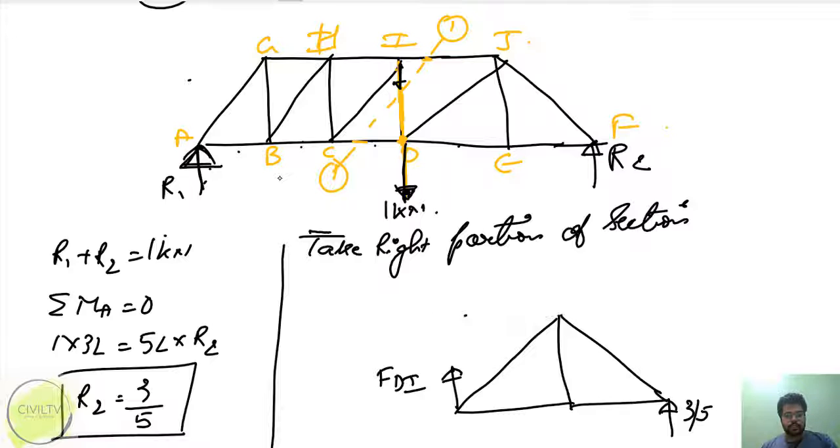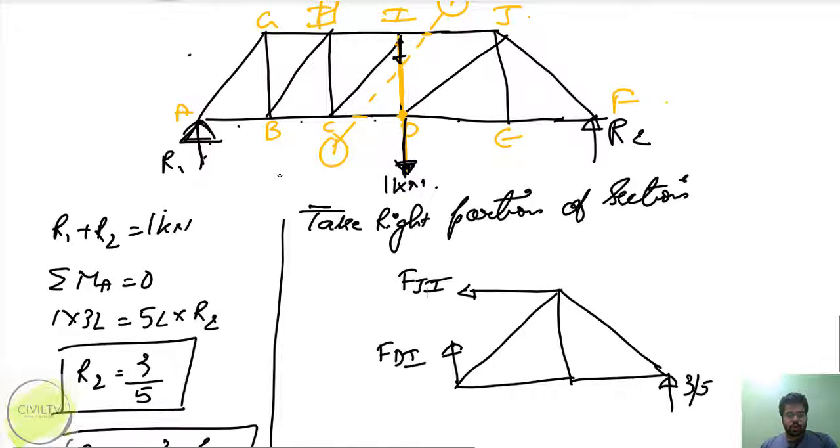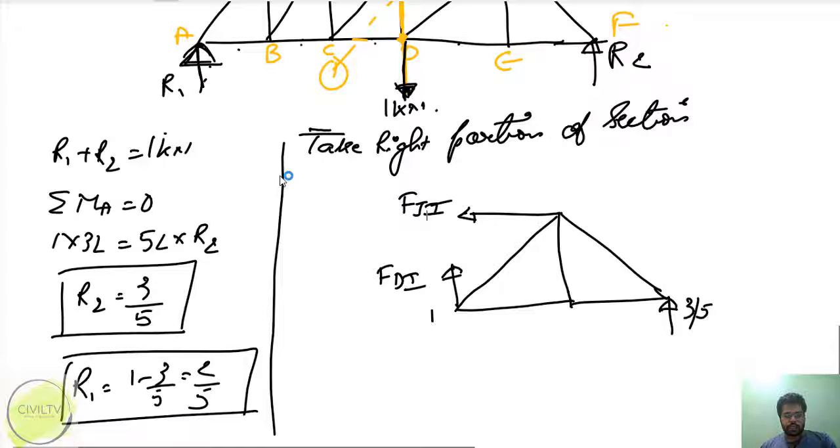And this is somewhat like this, FJI, sorry. Here also there is a 1 kilonewton load at joint D. So this is joint D and there is a 1 kilonewton load at this joint.